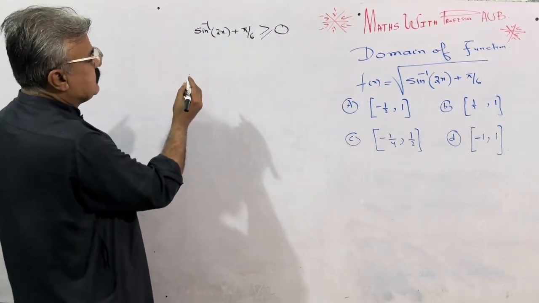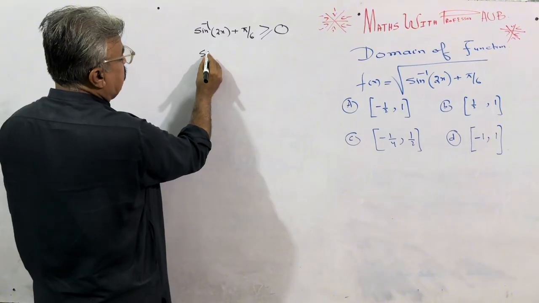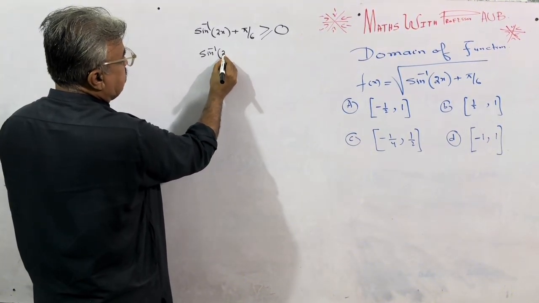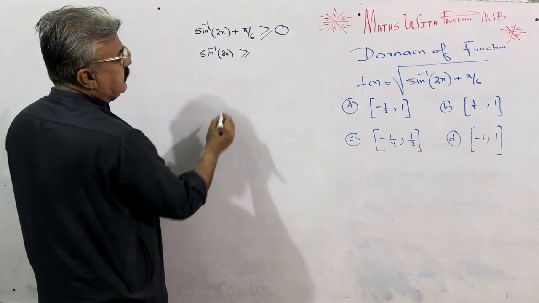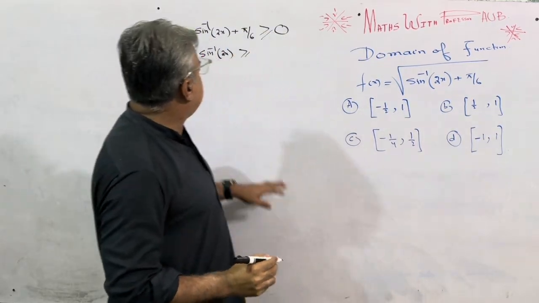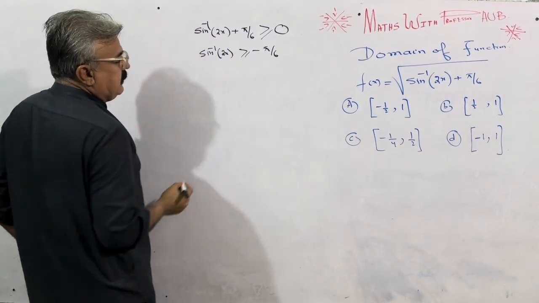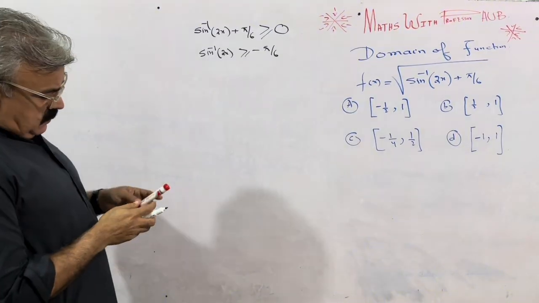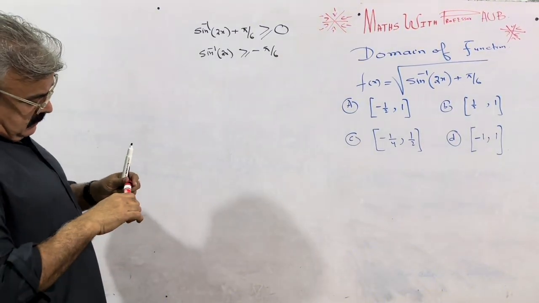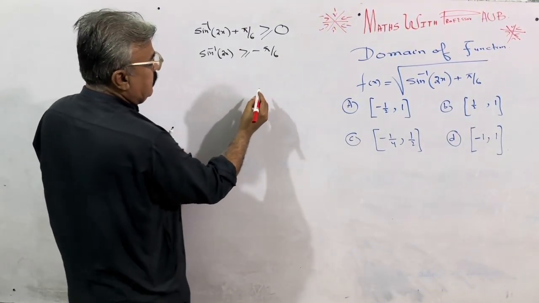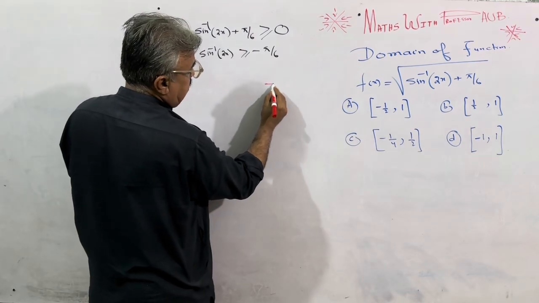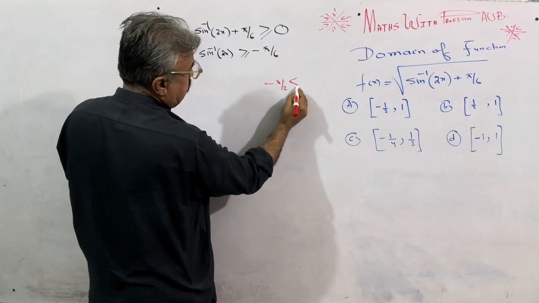Here, solving for the values of x that give us non-negative values, sine inverse of 2x is at least minus pi over 6. But we are familiar with the domain of the inverse function. The range of the inverse function is here minus pi over 2.